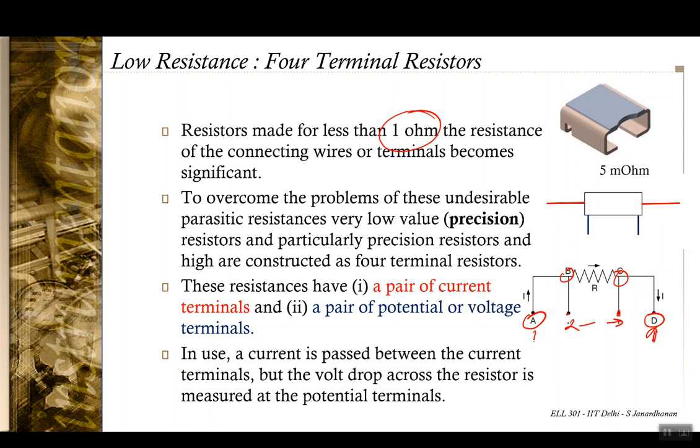You don't connect the large resistance across A and D. You connect the supply through A and D. Now this is a diagram of a precision resistor. So you would have this as AD, and you would have this as BC.